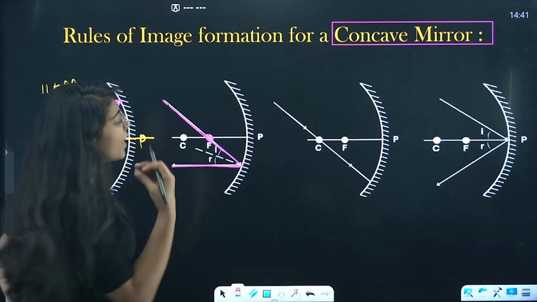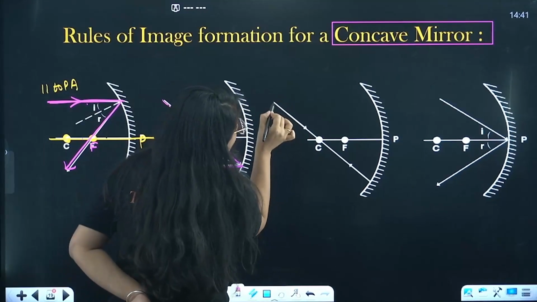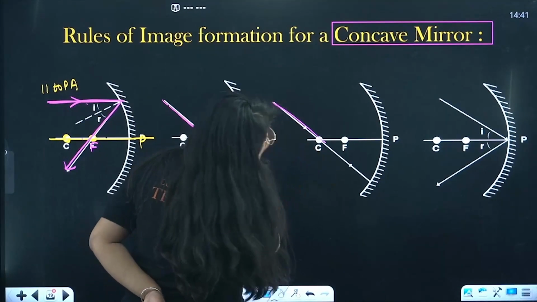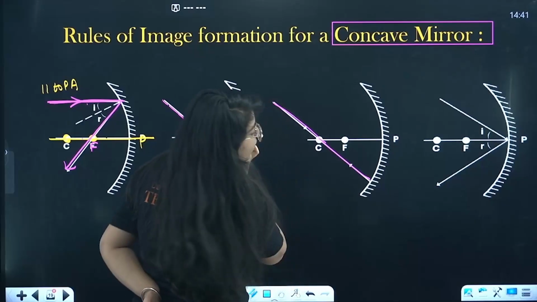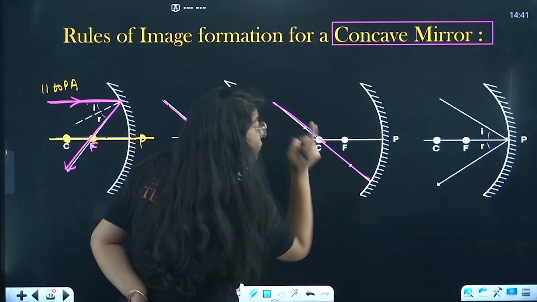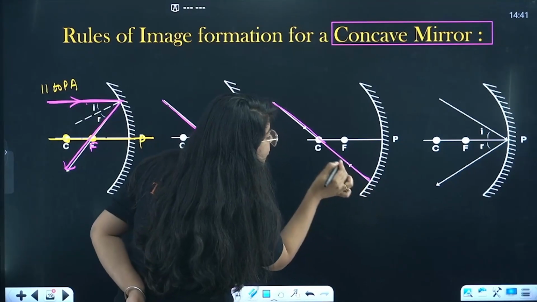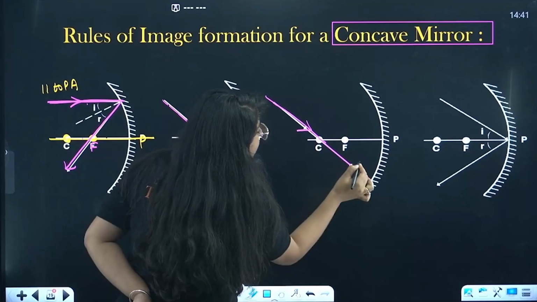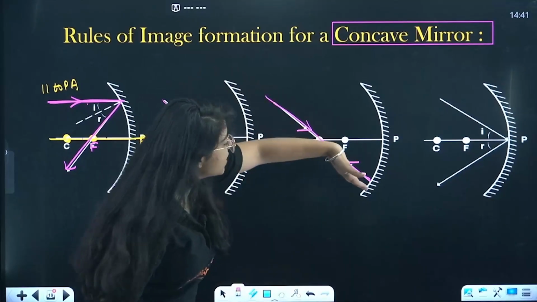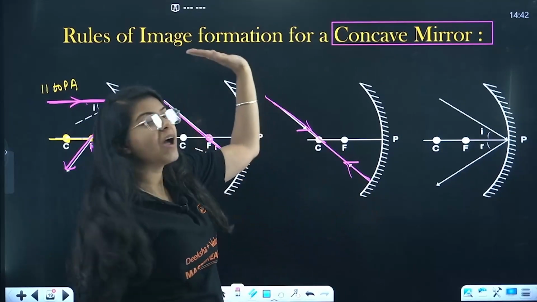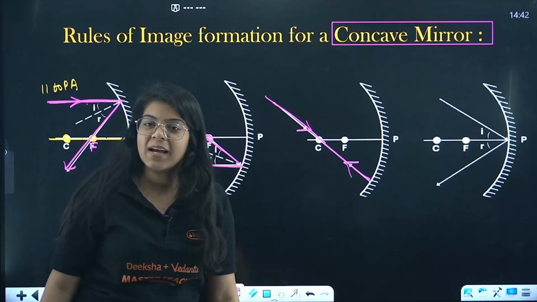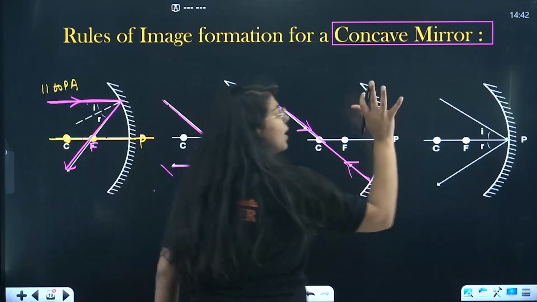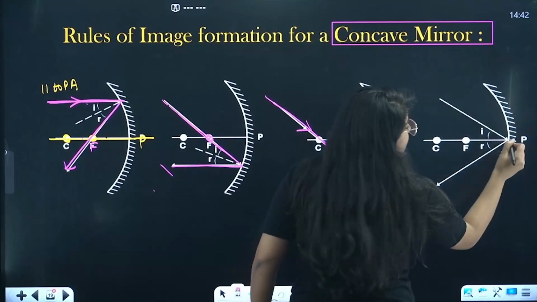Done. Then a very simple one: if this ray is passing through the center of curvature, hitting this mirror, then it will reflect back and follow the same path. It comes like this, reverses back and goes back like this only. Done. Next, we have a simple but very important one, that is your pole.